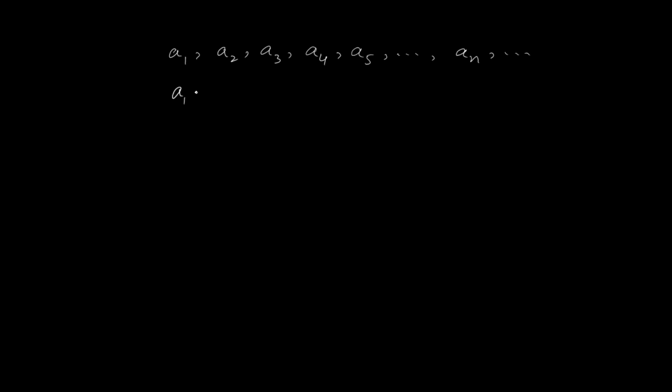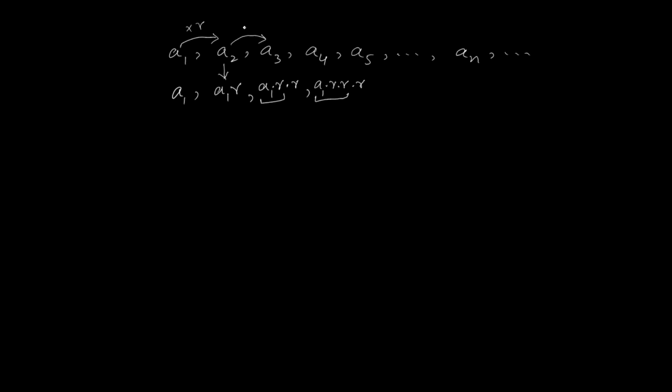Now the second term is obtained by the first term multiplied with the common ratio, and the third term is the first term multiplied with r multiplied with r, because up till here this is the second term.